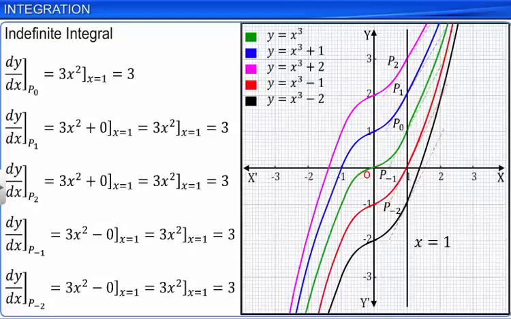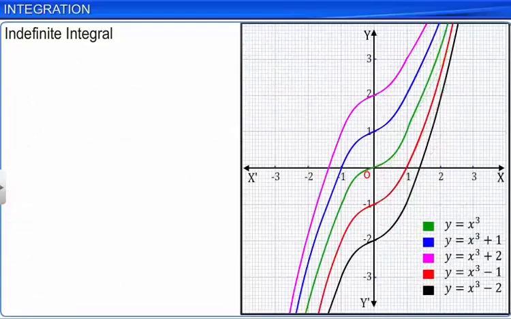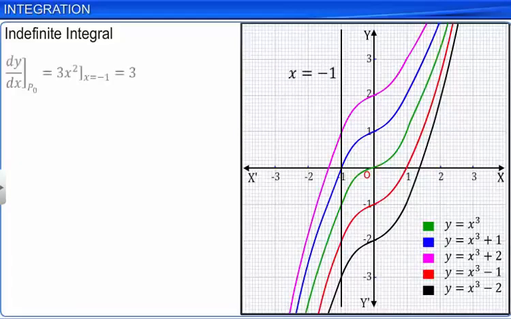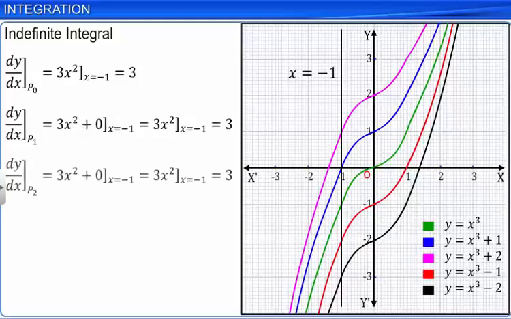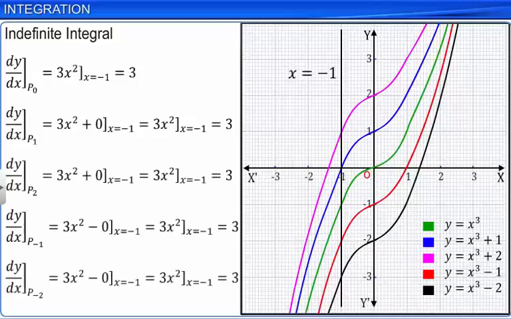In a similar way, if the line intersects the curves at x is equal to minus 1, then in this case also, we can see that the derivatives at the points are equal to each other. Also, the tangents drawn at these points are parallel to each other.